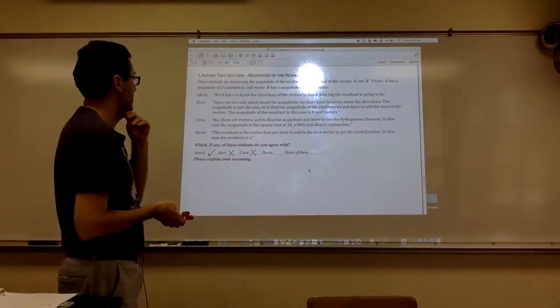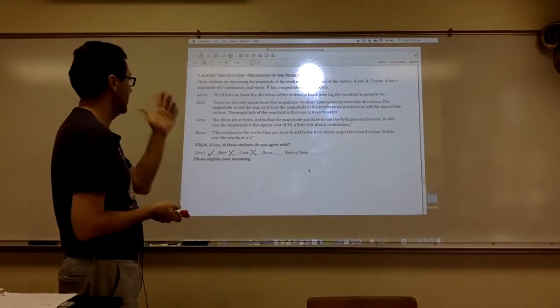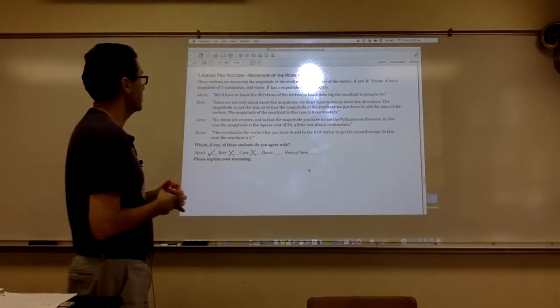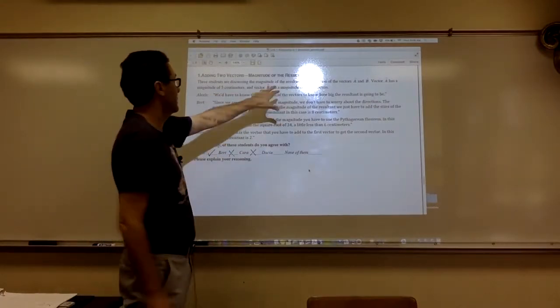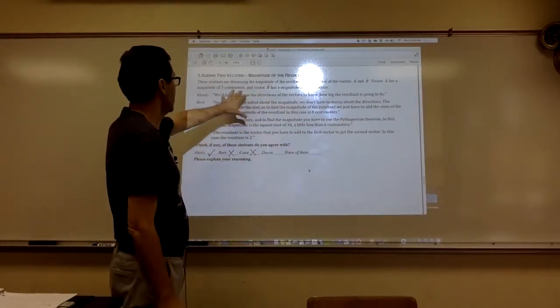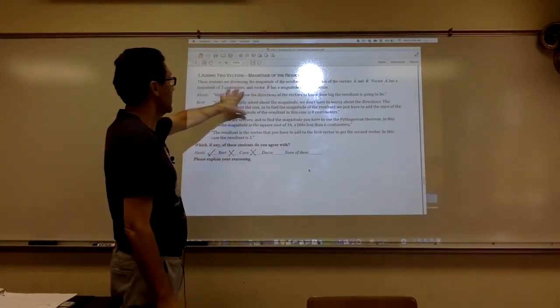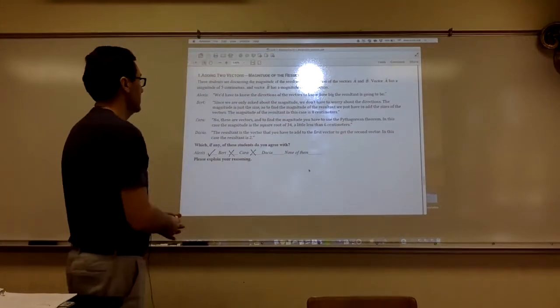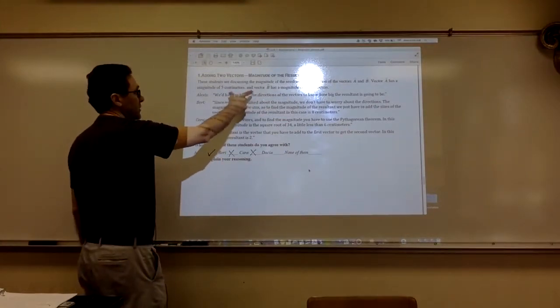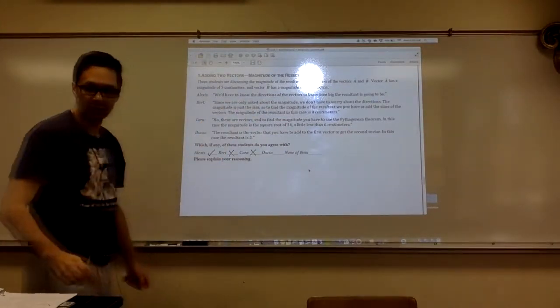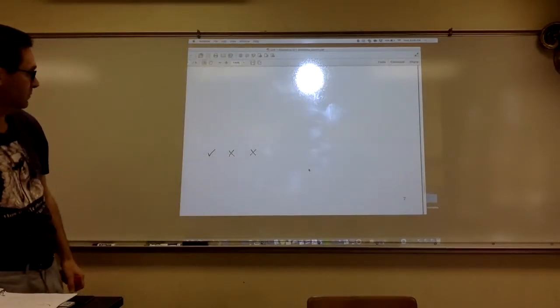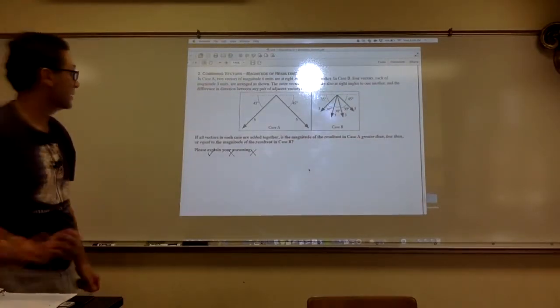That's not true. This is not one-dimensional. It could be in any direction. So the bottom line is that the magnitude is anywhere between 2 and 8, somewhere between the difference of 5 and 3 and the sum of 5 and 3. All right, let's look at this last one here.